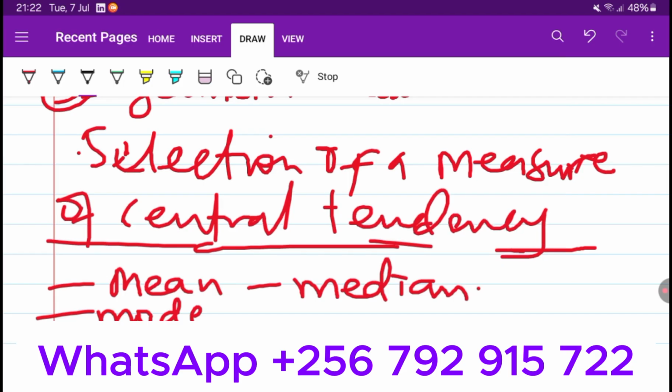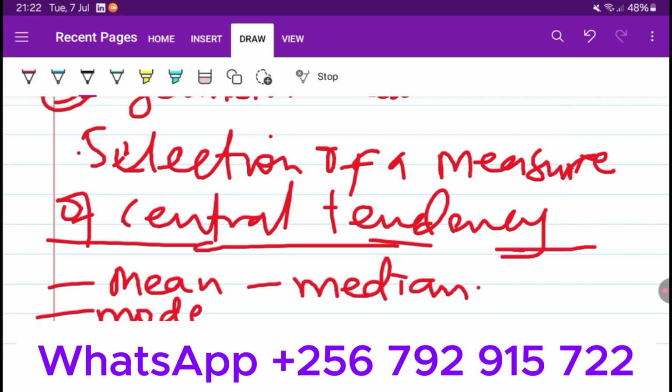Of course, all these three measures of central tendency are designed for the same work, and that is to give an indication of the central value of the distribution. The bottom line is to be able to get the central value of the distribution, and each is obtained using a different method.